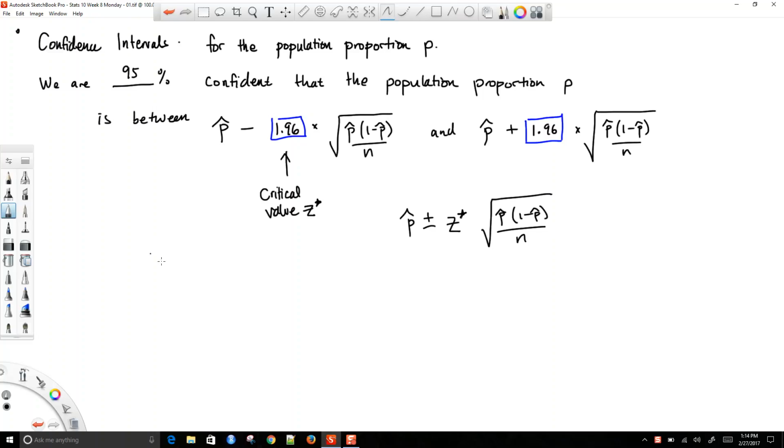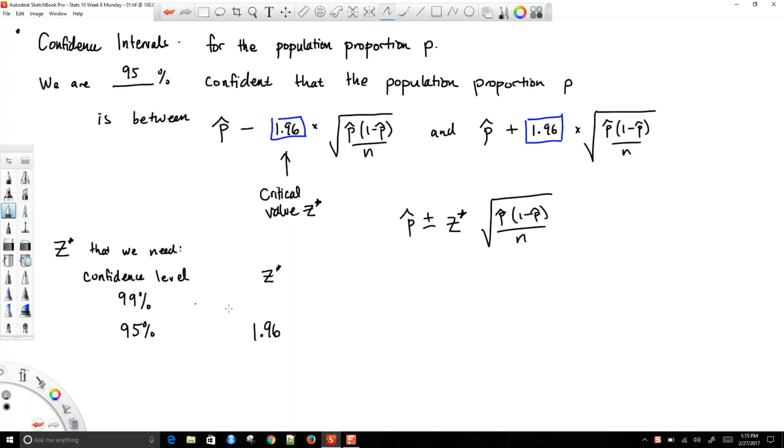Okay, and these are z star values that we need to know. Depending on our confidence level, we have different z stars. So confidence level and the corresponding z star. If we want to be 95% confident, our z star is 1.96.